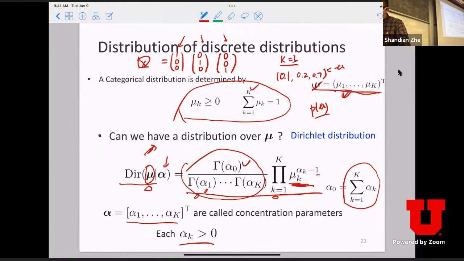If we want to integrate this, we integrate only over values between 0 and 1, with the constraint that the summation equals 1. The domain on which you can integrate mu is called a simplex, which we will talk about right now.